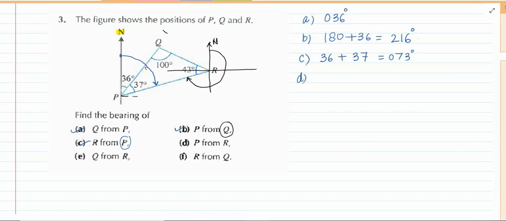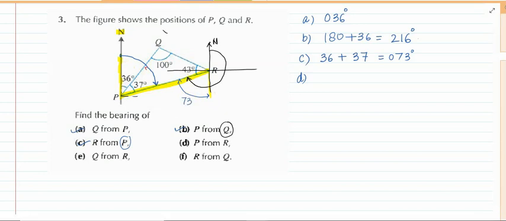Now we need to identify alternate angles, Z. Now in this question there is a little bit different Z. If you flip your screen or see in this manner, that is your Z, right? That is your Z. So this whole angle is 73. That means this whole angle here is also 73 degree.